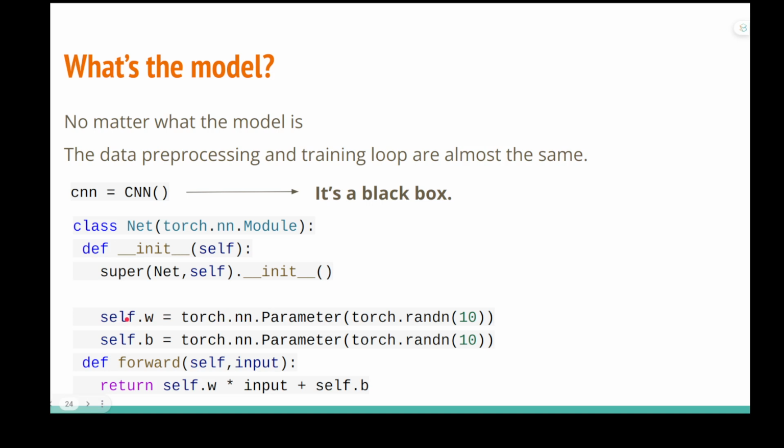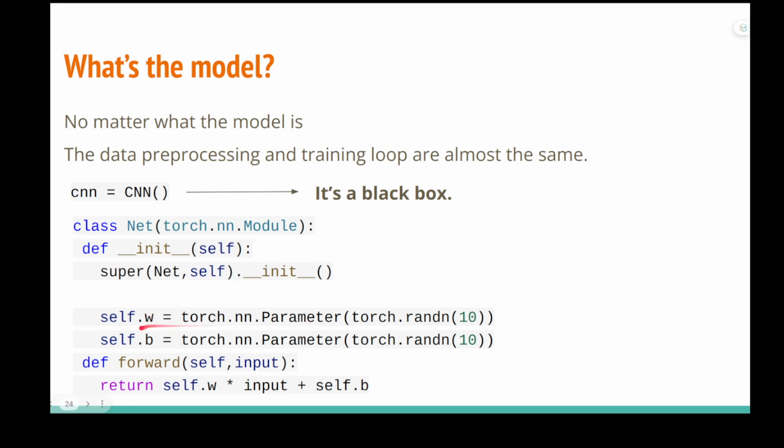Here we store it directly. When we store those parameters into w here, this is exactly the place where PyTorch will record the parameters. So it's very important that you do this assignment here.